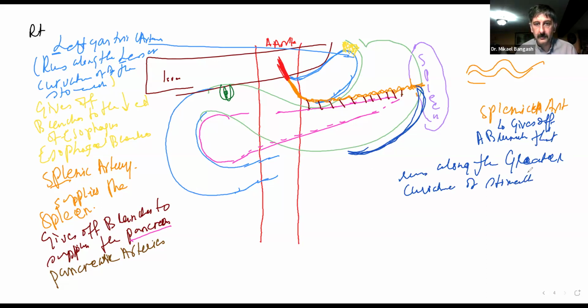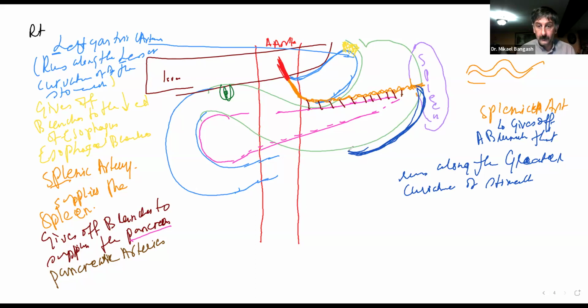Now you guys can see why I asked you to be sure that you know what the greater and lesser curvature were, right? Okay. And what do you call this fellow here?